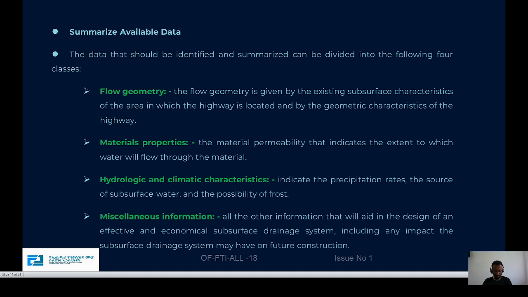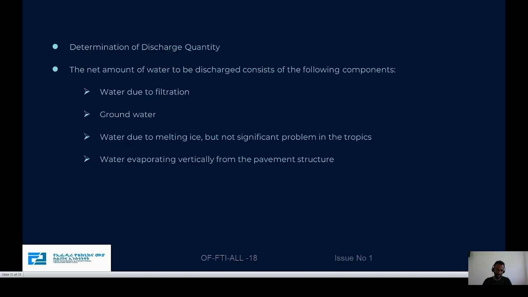Miscellaneous information is other information relevant to the design of effective and economic subsurface drainage, including any impacts on further construction of the drainage system. The second step is to determine the discharge quantity.